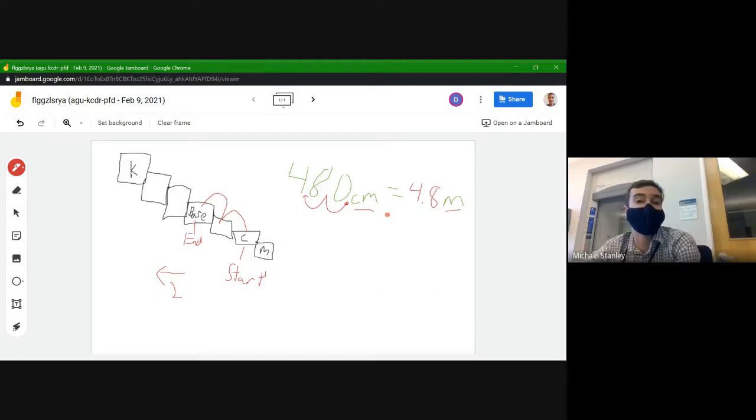So 480 centimeters is the same thing as 4.8 meters. We figured out the starting point, we figured out the ending point, we made 2 jumps to the left, and that's what we did with our decimal point right here. 2 jumps to the left. All right, very nice.